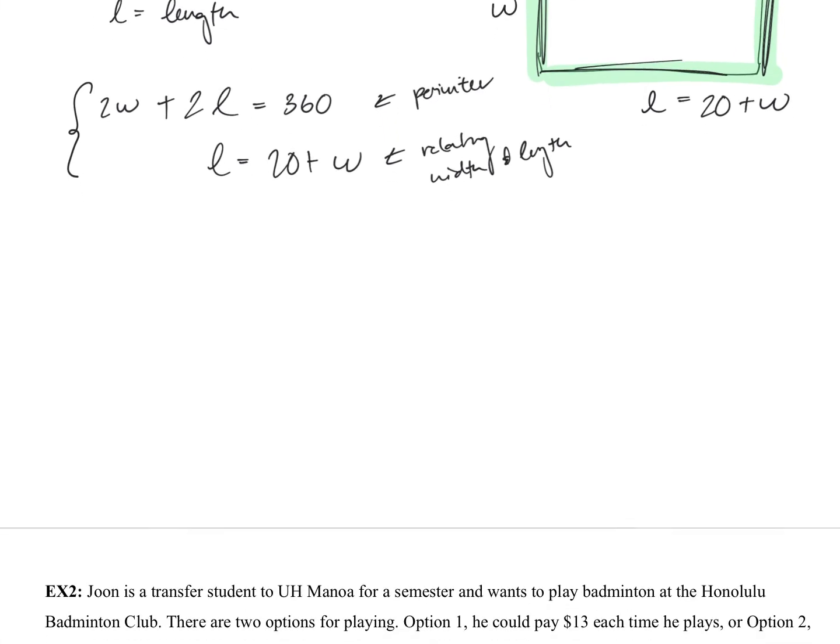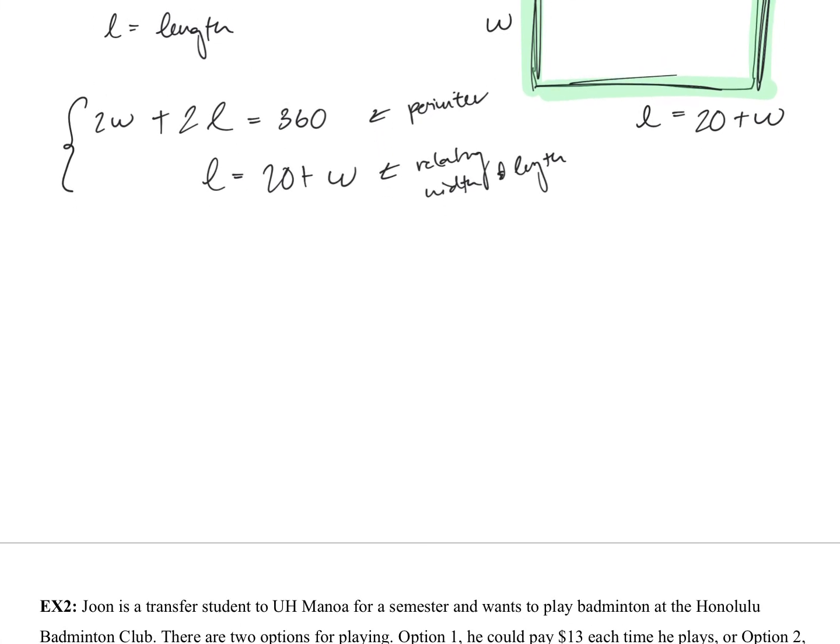Alright, so let's go ahead and solve this. This is just a 2 by 2. So to solve, I guess I'll use substitution since it's set up perfectly for substitution. So we know that L equals 20 plus W, so I'll go ahead and plug that in. So 2W plus 2 times 20 plus W equals 360.